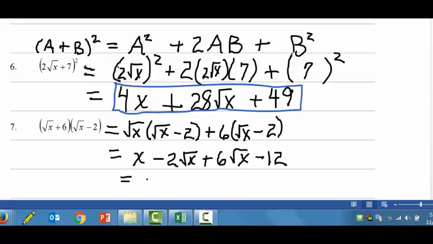So this is equal to x, negative 2 square root of x plus 6 square root of x is positive 4 square root x, minus 12.